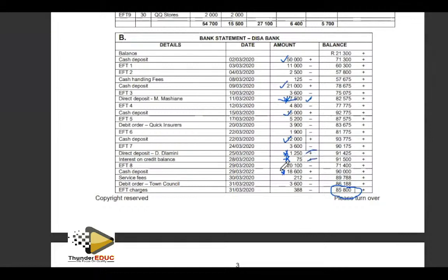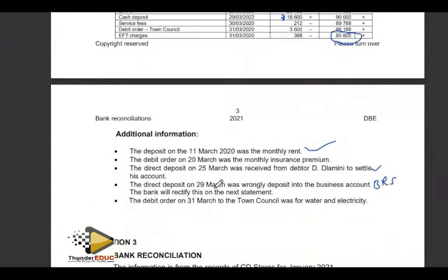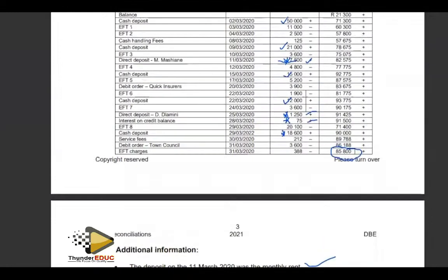But there is this one, 18,600, we have to deal with it. If we check the additional information, it was on the 29th of March. They said the direct deposit on 29th March was wrongly deposited into the business account, okay? So we shall deal with it on its own line where it's supposed to be.